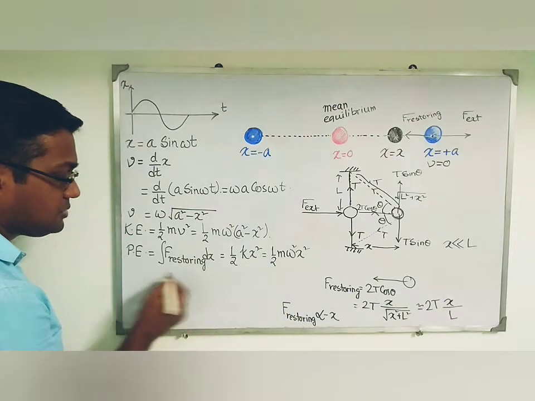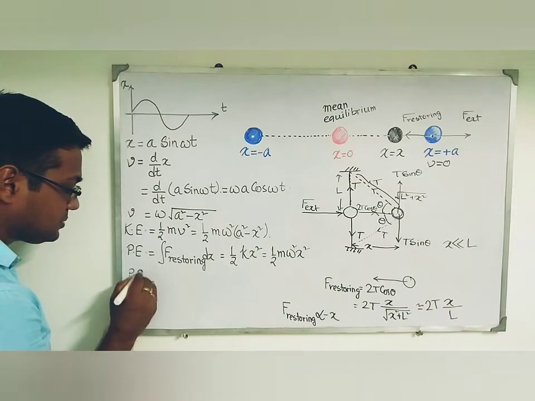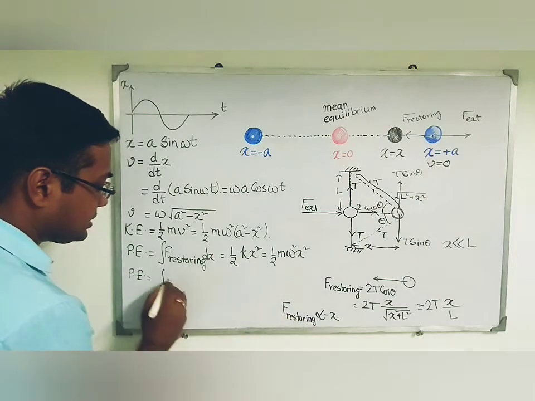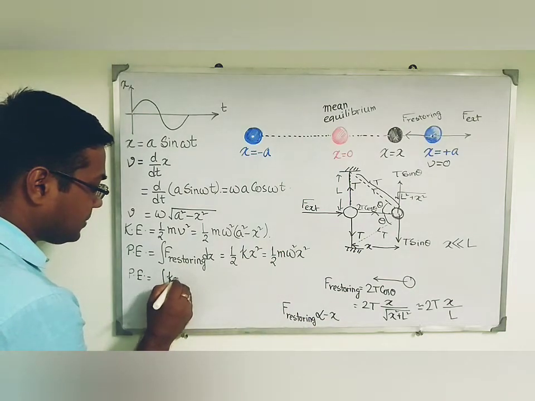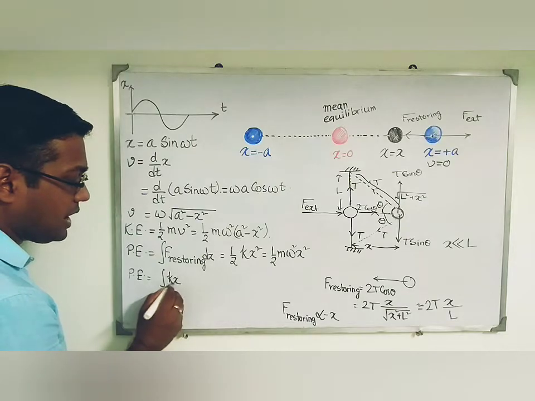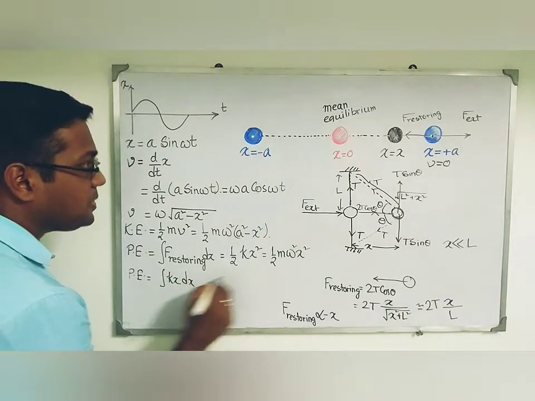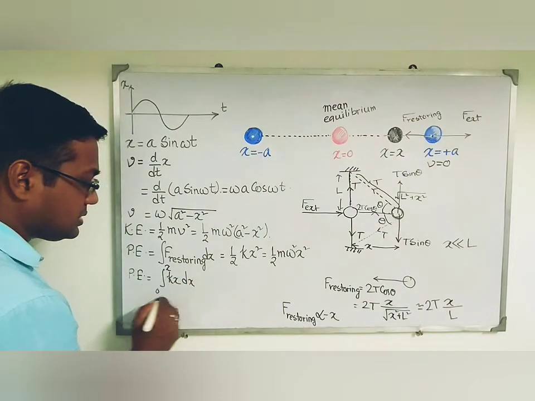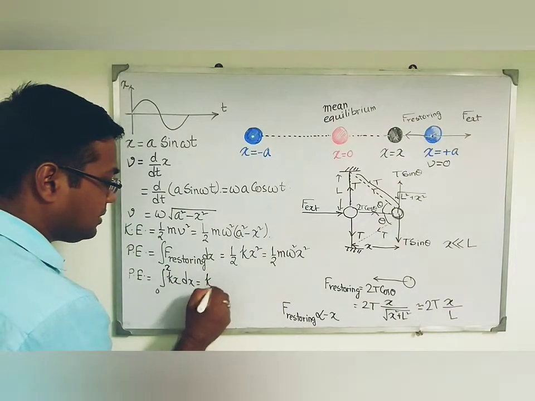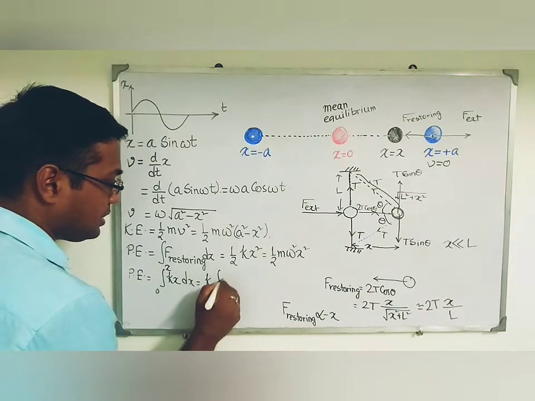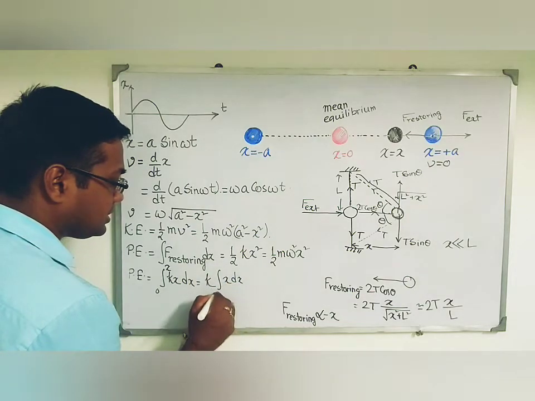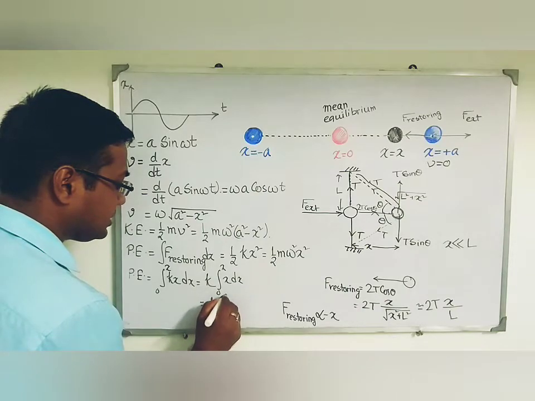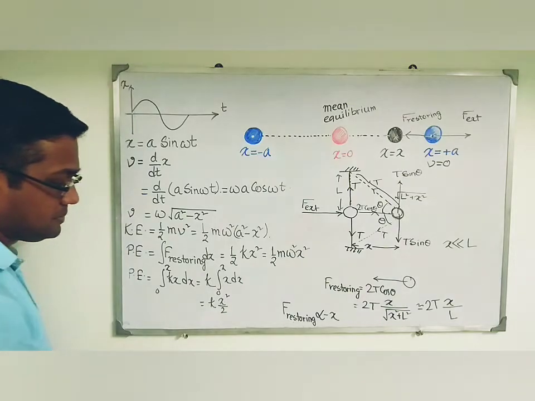If I try to do that integration, we can also obtain this potential energy. The restoring force is proportional to minus x, so if I write down this value, it will be kx. If it is stretched up to a distance x, then the limits are 0 to x. k is taken common. If I do the integration on x, then obviously it becomes k x square divided by 2.